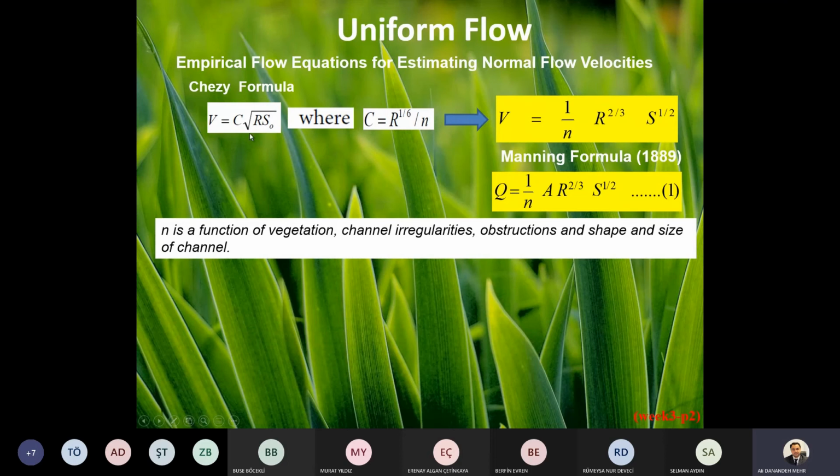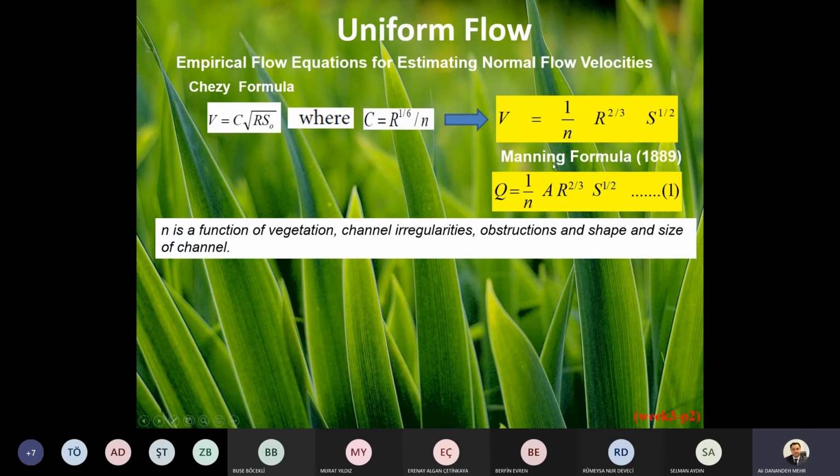Therefore, we will have only square root of s0, and if you multiply r to the power of half with r to the power of 1/6, it gives you r to the power of 2/3. And from here, we also have 1 over n outside of the square root sign. So we have velocity equals 1 over n times r to the power of 2/3 times s to the power of half, or square root of s.